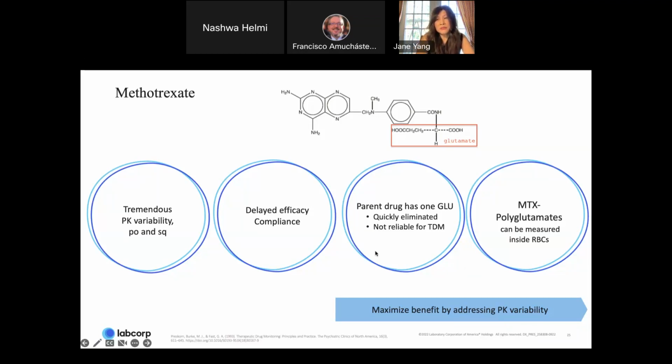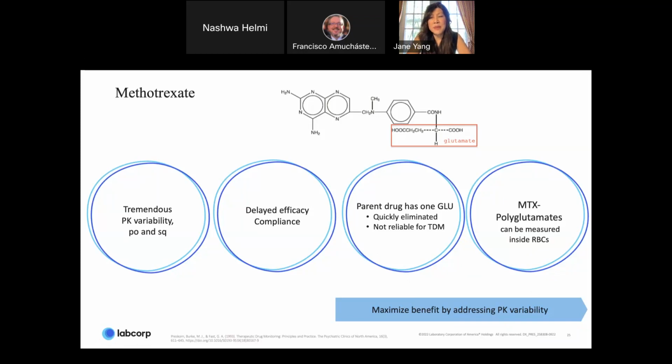Serum or plasma levels of methotrexate have not proved useful in monitoring because the parent drug is rapidly eliminated from the circulation. Instead, there is a growing body of evidence to suggest that methotrexate exerts its anti-inflammatory effect through its intracellular polyglutamate forms.